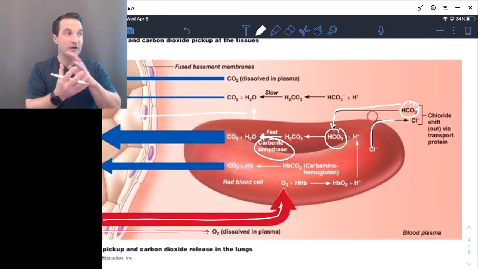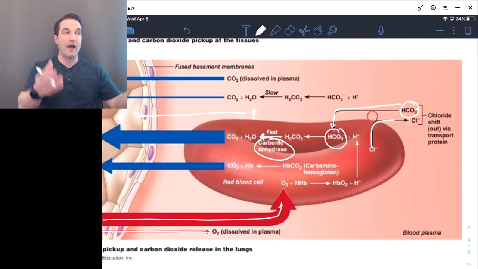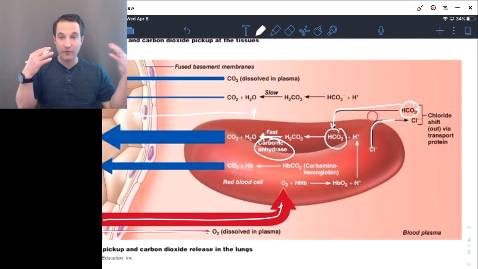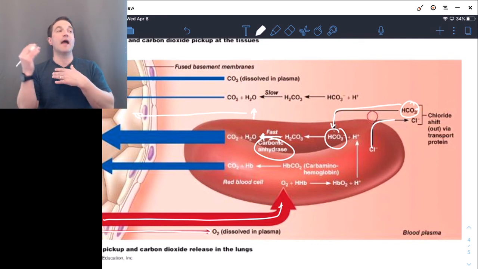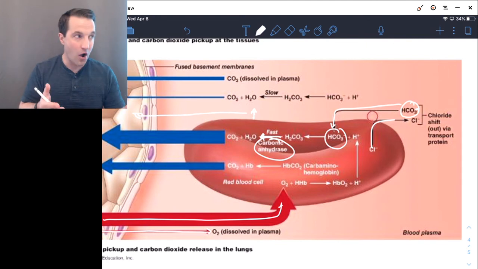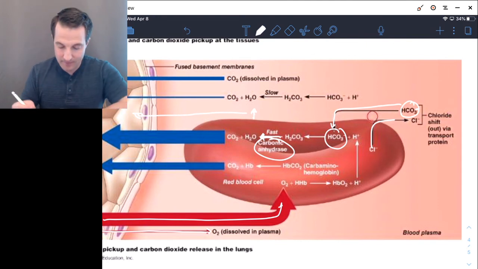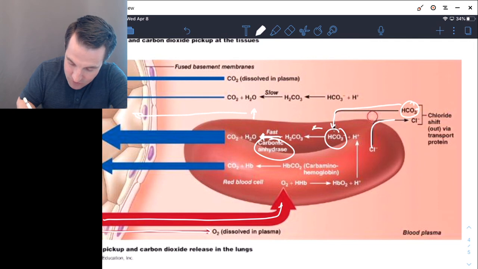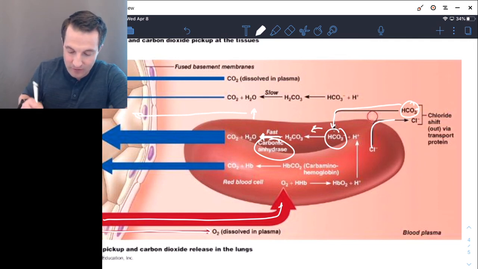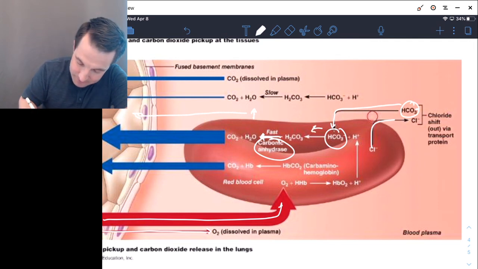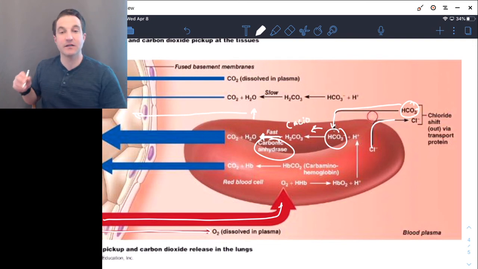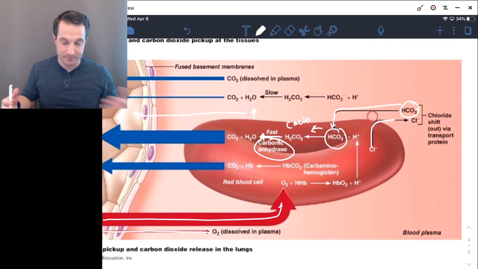So the chloride shift that happened in the first part of this to enable our bicarbonate to move out of the red blood cell is now doing the reverse. Now our chloride's moving out, and that can allow our bicarbonate to move in. We move back to our carbonic anhydrase right there, or to our carbonic acid, which can then be split into our carbon dioxide and our water.